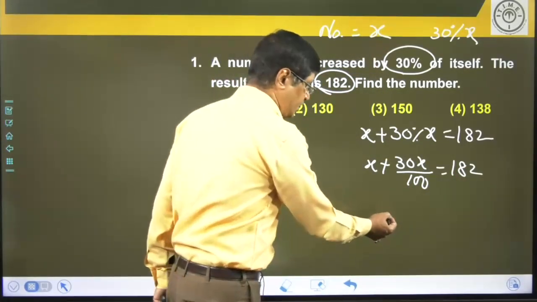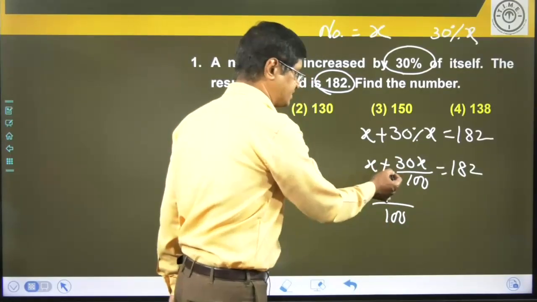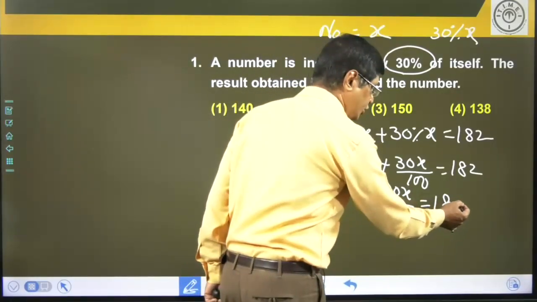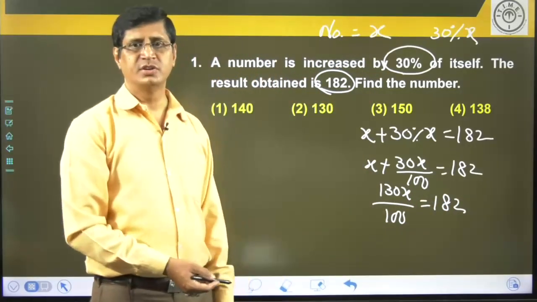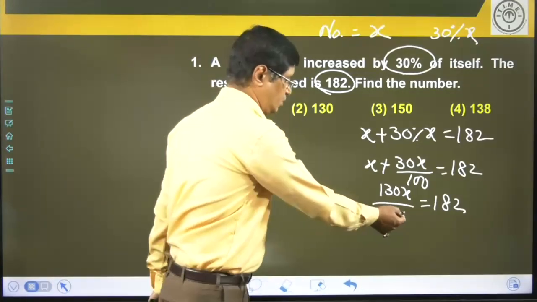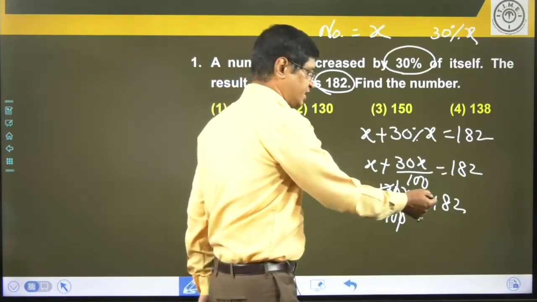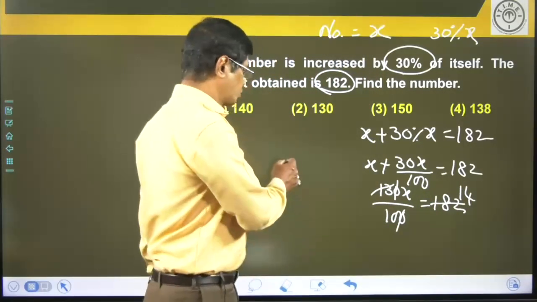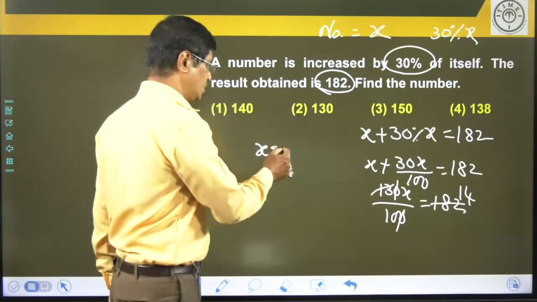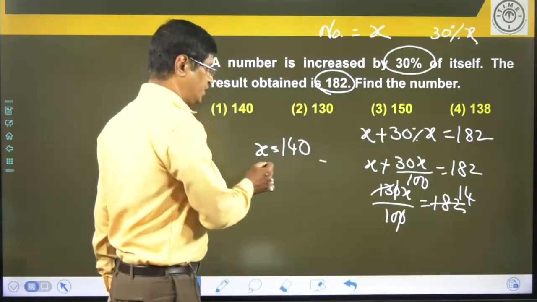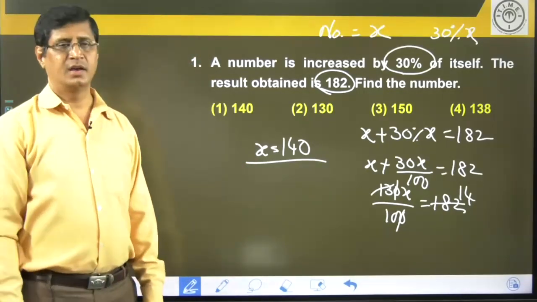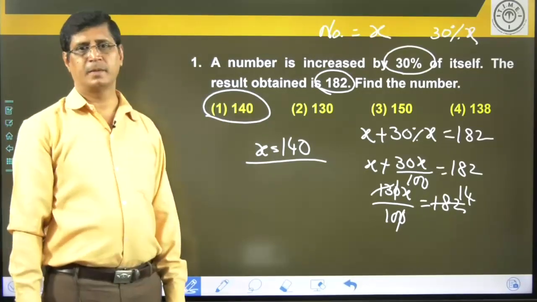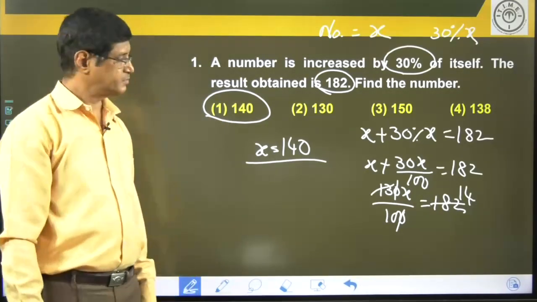LCM here is 100. 100x plus 30x, that is 130x, is equal to 182. Now cancel 0 to 0, and 13 goes exactly 14 times in 182. The product of 14 and 10, that is 140, is the value of x. X is equal to 140. The right choice is option number 1.